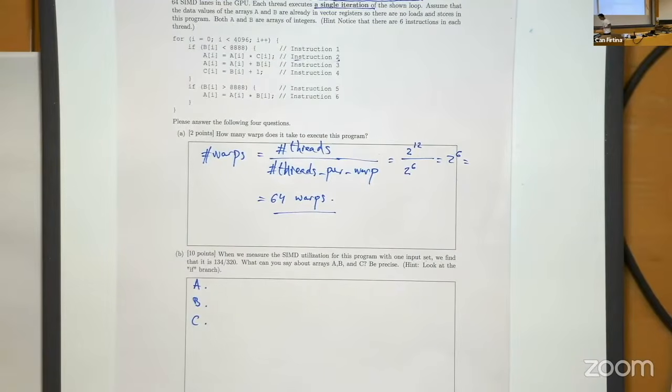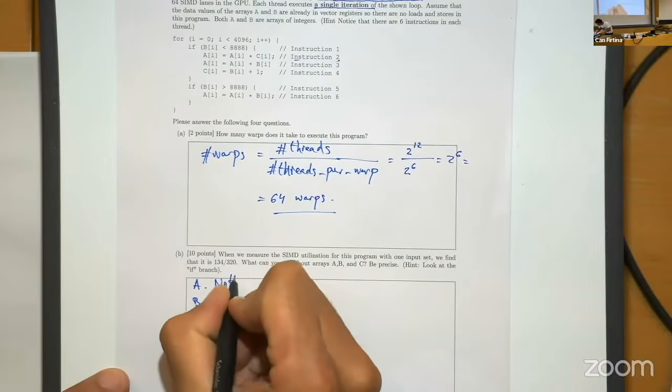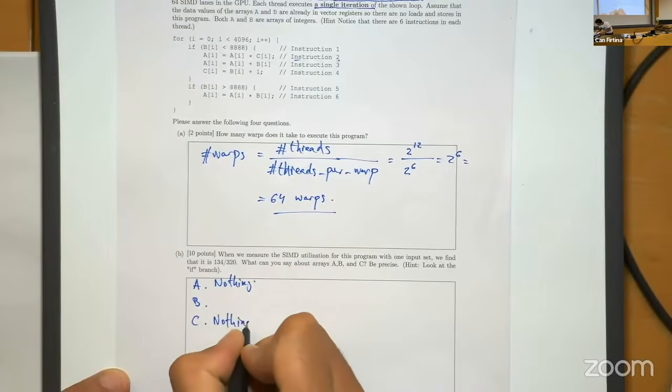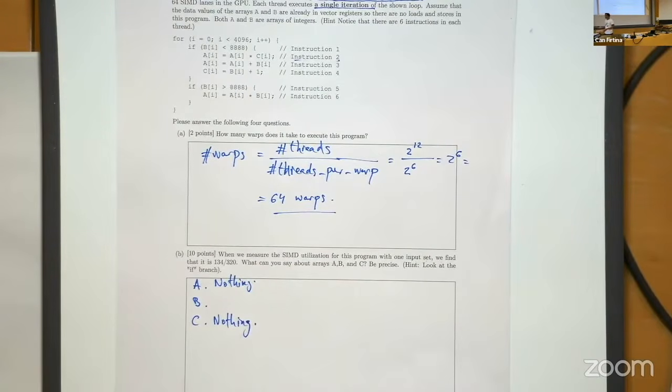So there is no impact of the values in arrays A and C on the execution of this program, right? So what can we say about A and C? We can say nothing. We cannot say anything about them, because the execution of the program and the total SIMD utilization is not related to the contents of A and C.